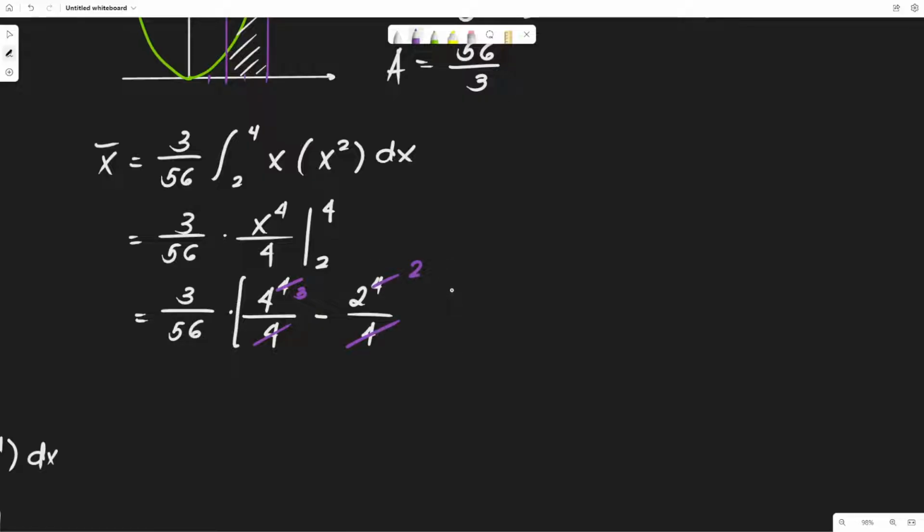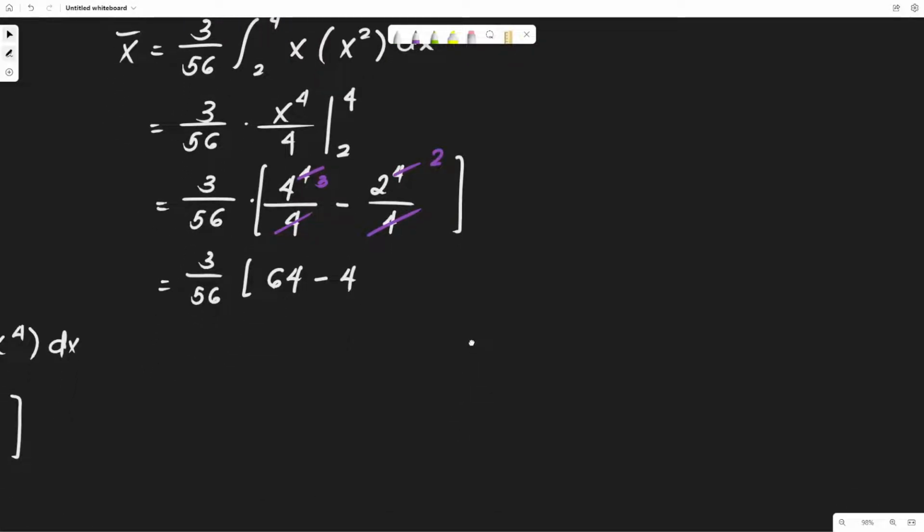Okay, so therefore we have 3 over 56 times 4 cubed, so that is 64 minus 4, that is 60.